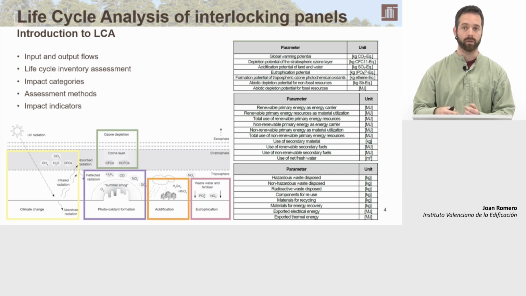All these ingredients, all these flows are assessed through a method that is recorded and implemented in the database of the engine, in our case IMIP, and the output of this assessment are these impact indicators, like for example the ones that you can see in the chart on the right side. For example, the most popular and the most common is the carbon footprint, that is the global warming potential in kilograms of equivalent CO2.